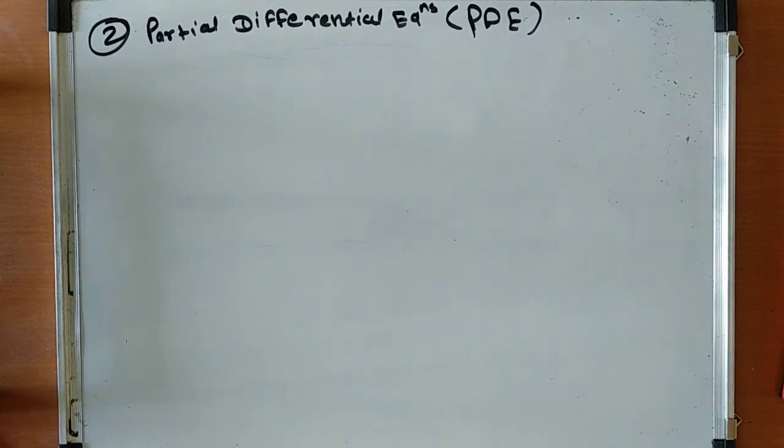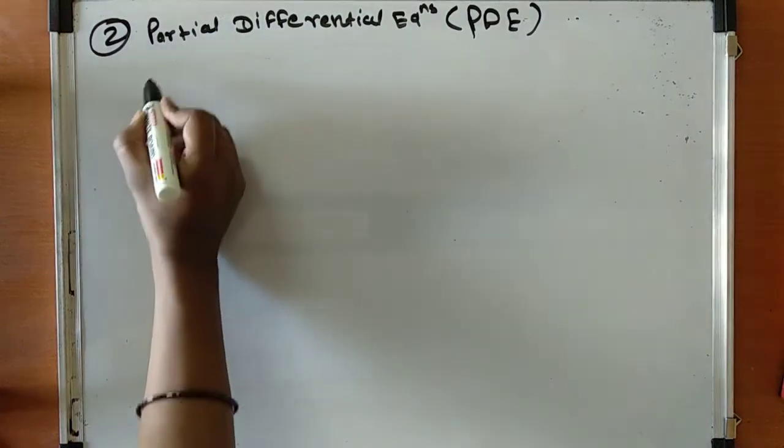The differential equations which involve partial derivatives of a dependent variable with respect to two or more independent variables are called partial differential equations.